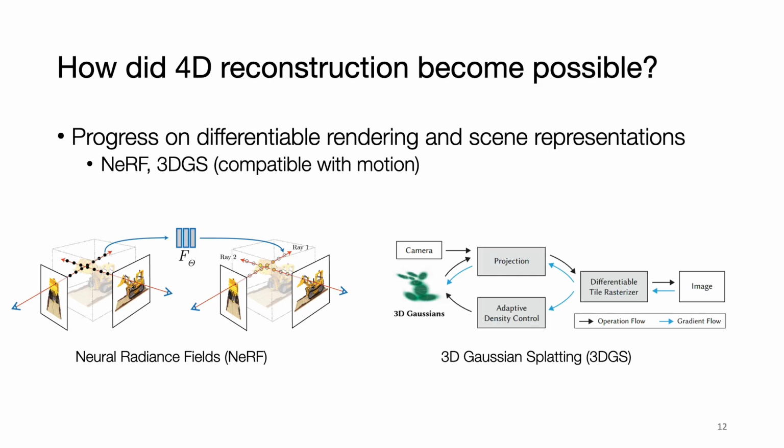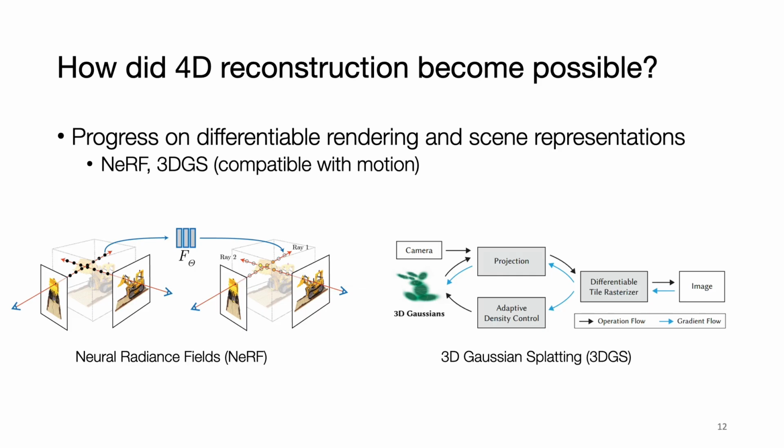The first is that we made a lot of progress on differentiable rendering and scene representations, which makes it possible for us to optimize a scene representation effectively from image observations, or information in image space. Specifically, 3D Gaussian splatting is very compatible and friendly with motion. So that's why things start to work.